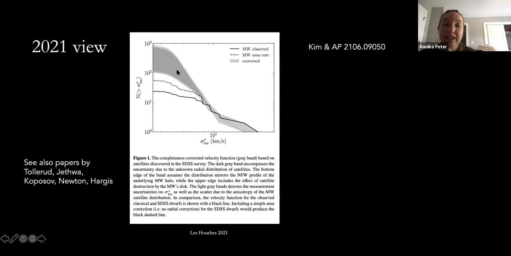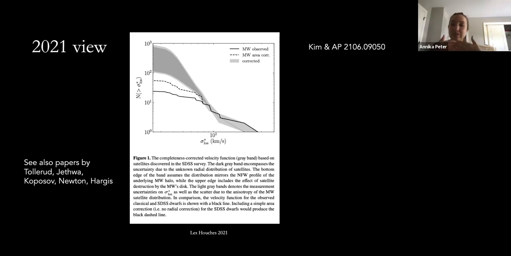And importantly, another thing that we've learned is that you can only detect a galaxy so far out. This gray band here represents our best estimated total population of satellites of the Milky Way, based on the fact that we've observed a whole lot more dwarf galaxies.